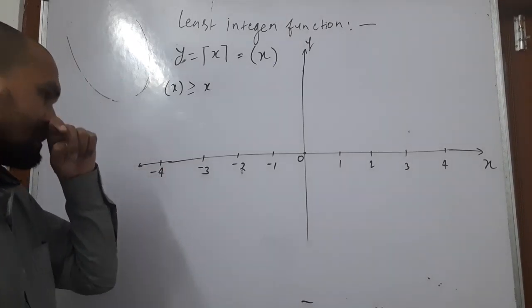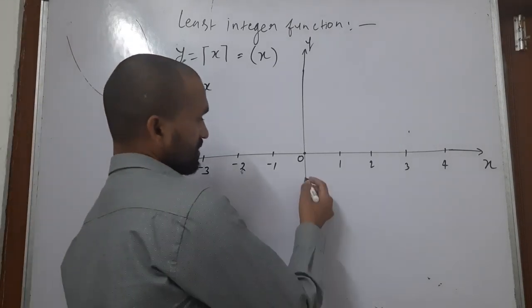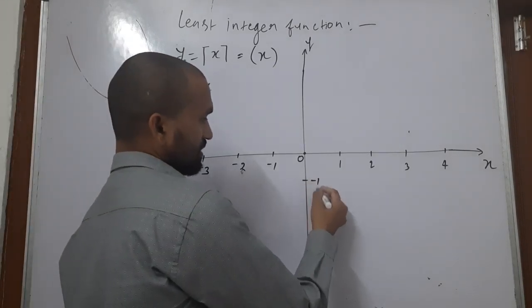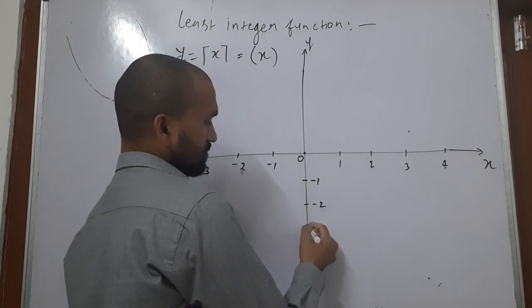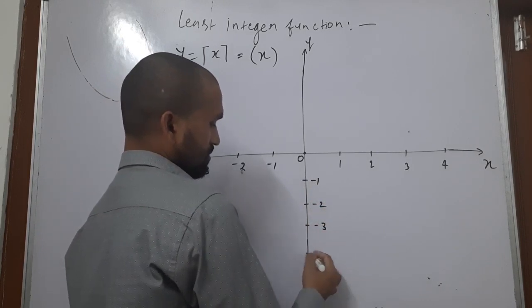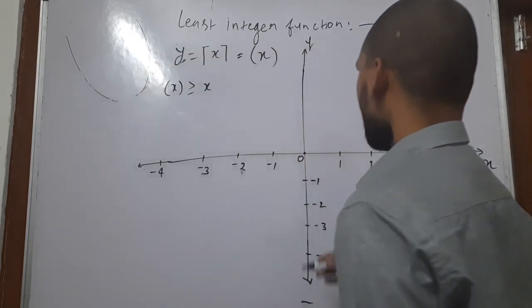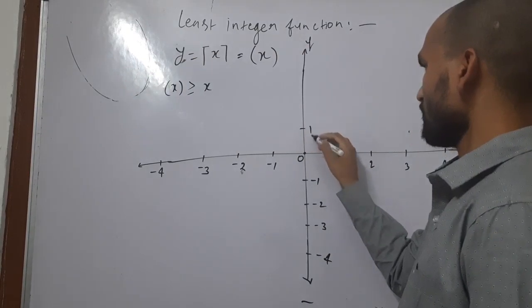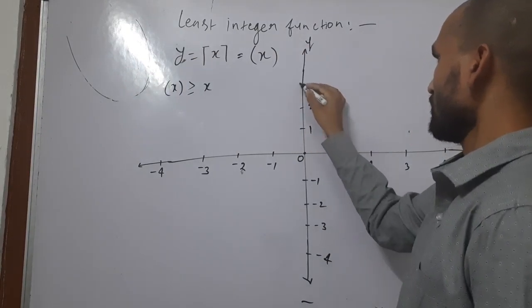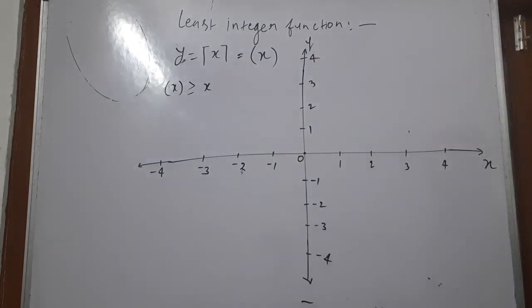These are our points on the x axis. Now we take points on the y axis, that is -1, -2, -3, -4, and on positive y we take 1, 2, 3 and 4.